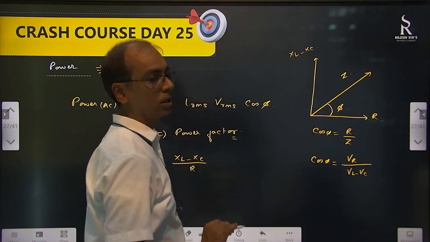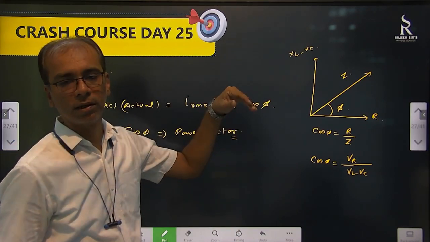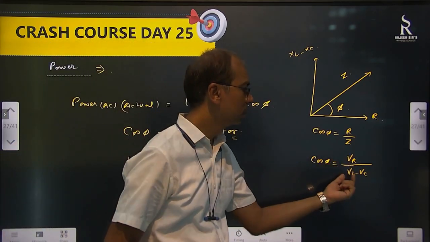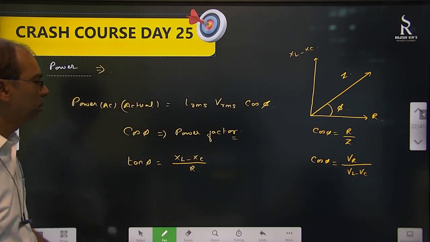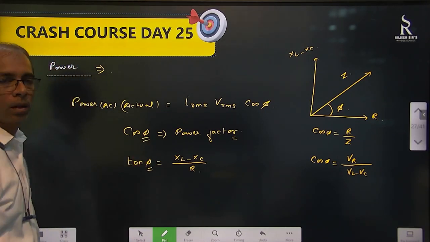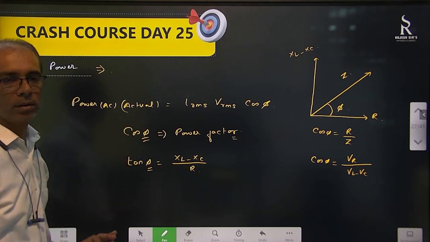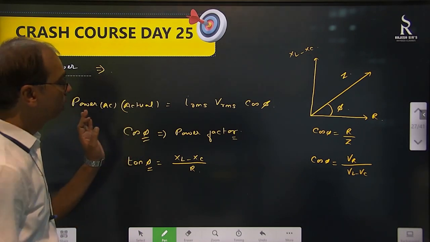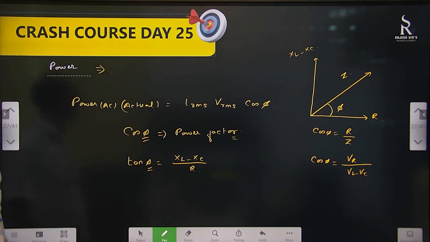And according to this graph, if suppose it's a downward graph, that means XC minus XL is there, so this will become VR by VC minus VL. It depends how we are making it. So this is power factor, and this is the same phase. Clear? So this is the actual power which we are actually using in AC: V RMS, I RMS, cos phi.